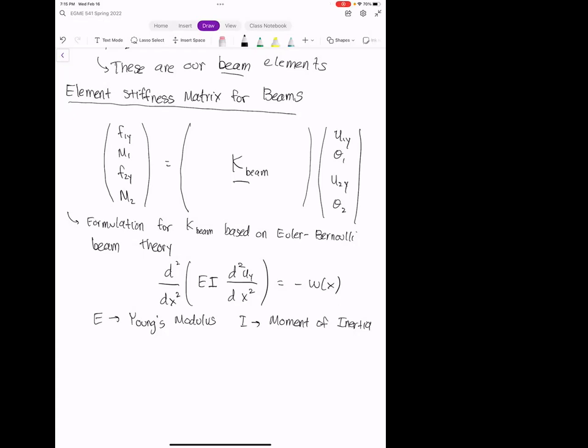Uy is our transverse displacement. And w of x here is some kind of distributed force.